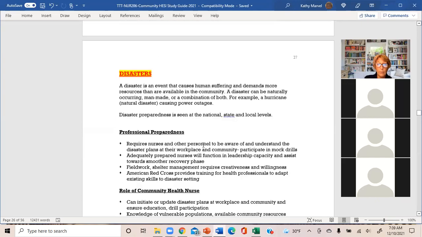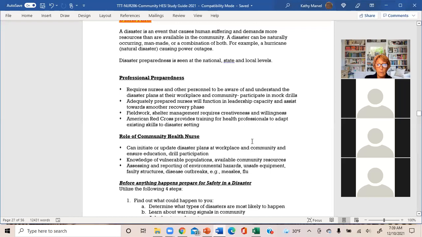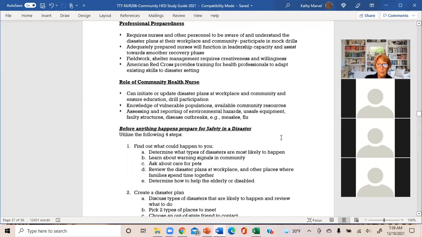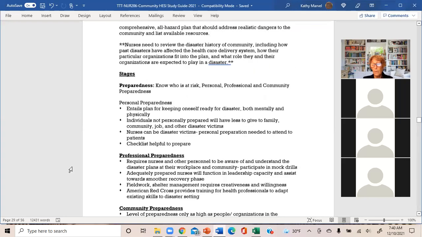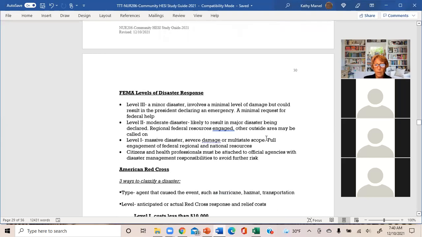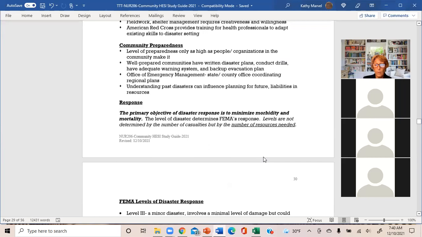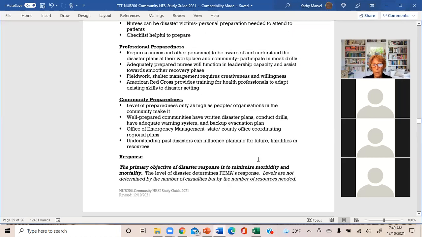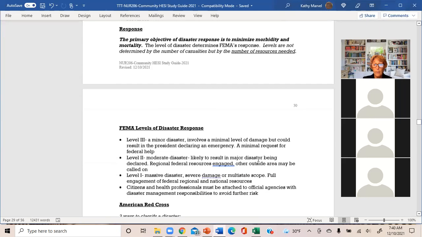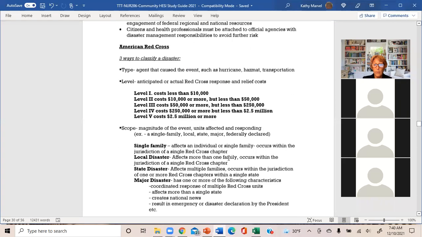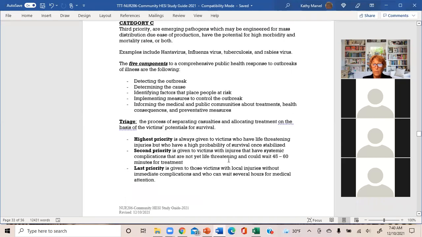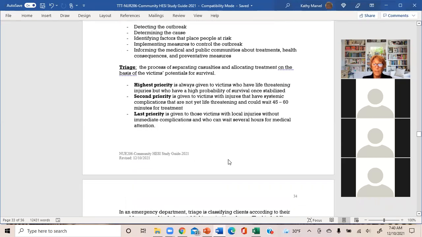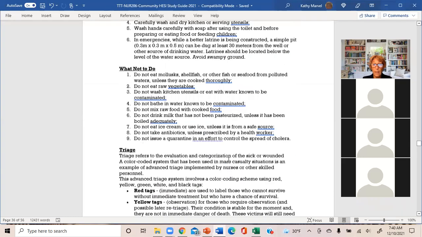And then what do we have? Preparedness. Then the actual disaster, and then the recovery. Response is the third. So prevention, preparedness, response, and recovery. And these 10 pages go through those four parts of disaster management. So definitely have a look at that.